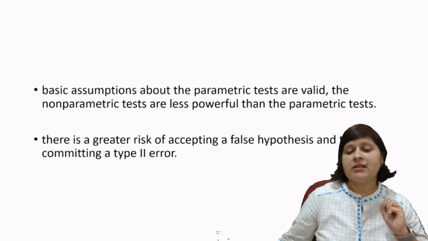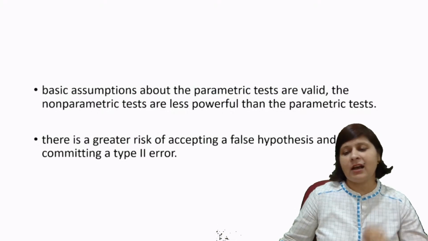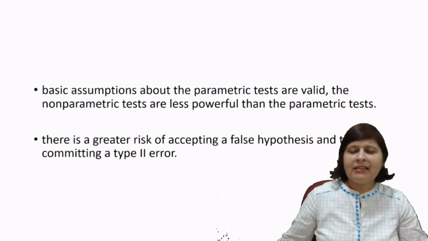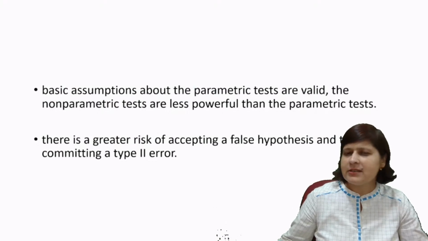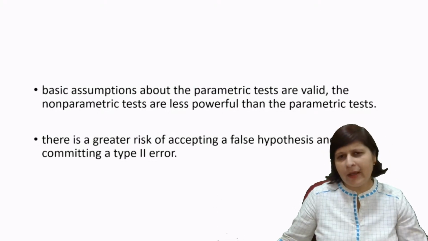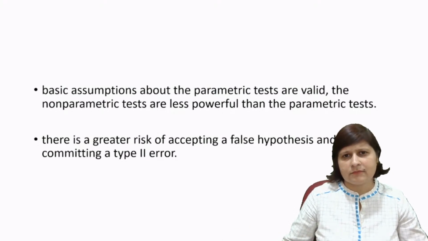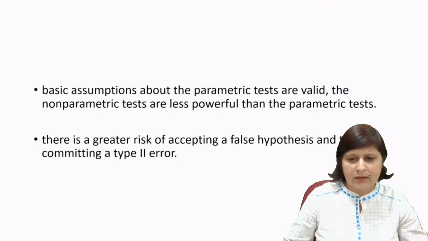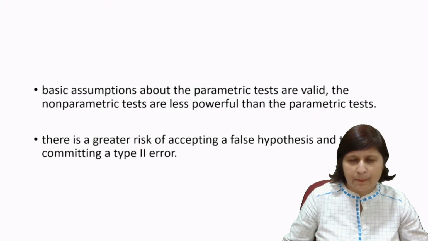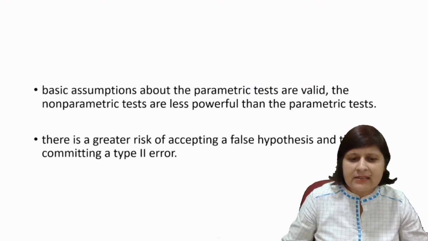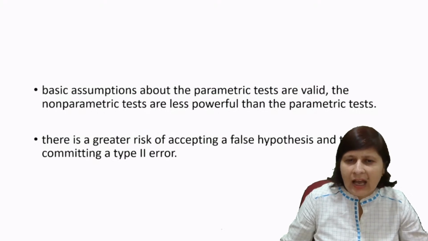There is a greater risk of accepting a false hypothesis and thus committing a type 2 error. We discussed type 1 error and type 2 error, false positive and false negative. So there are chances of type 2 error, that is, accepting the false hypothesis.